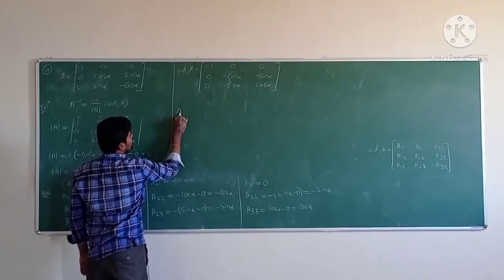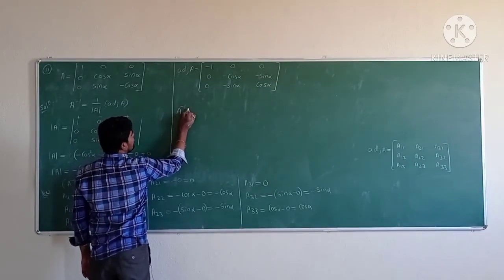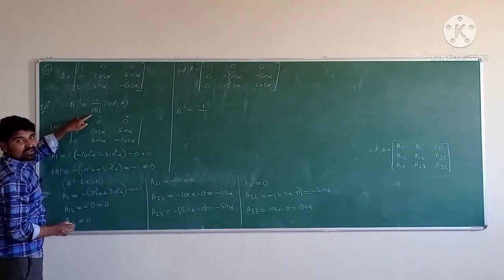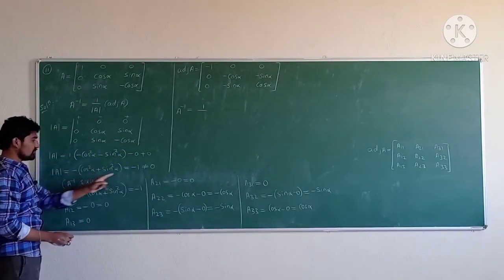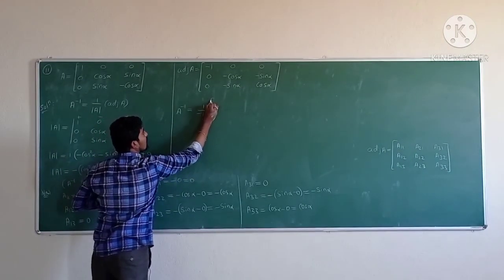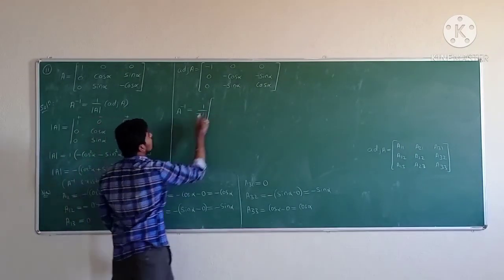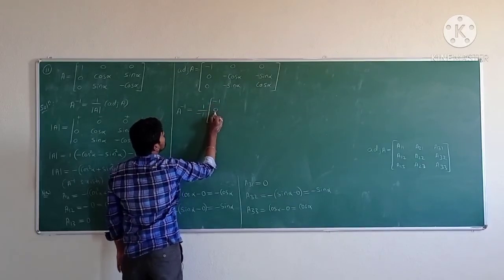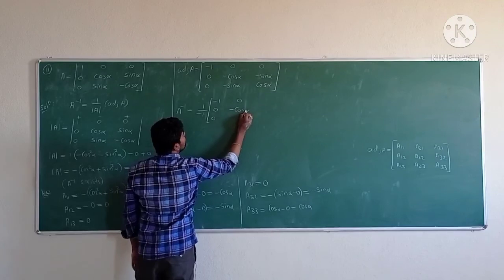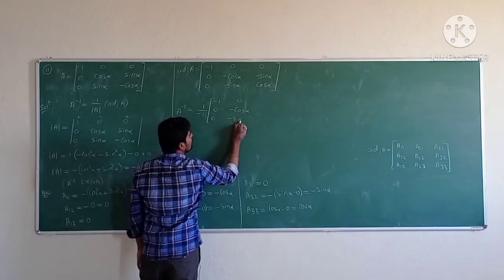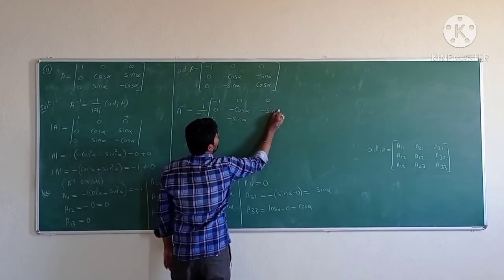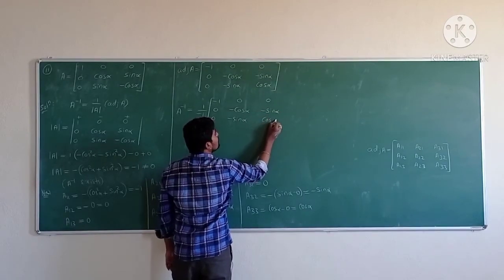Therefore required matrix A inverse is equal to 1 divided by determinant of A. The value of determinant of A is minus 1, so 1 divided by minus 1 into adjoint of A matrix: minus 1, 0, 0, 0, minus cos alpha, minus sin alpha, 0, minus sin alpha and cos alpha.